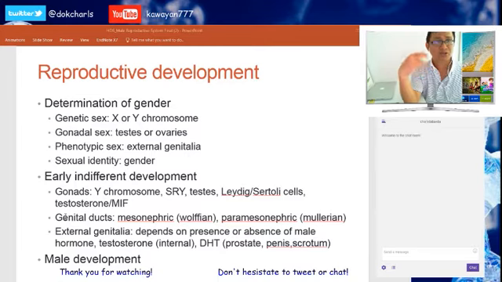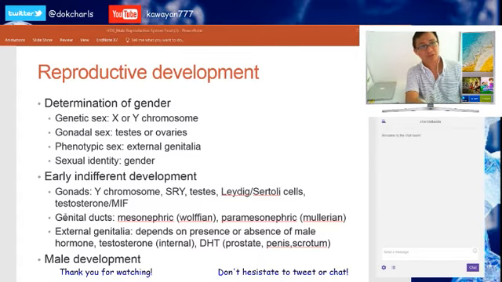On the other hand, when we talk about gender versus sex, gender is a socially constructed role. It's a behavior associated with several activities that your society considers appropriate for a man or woman.